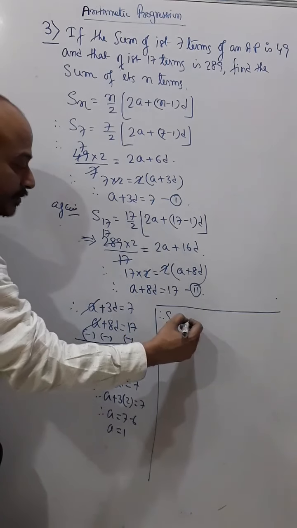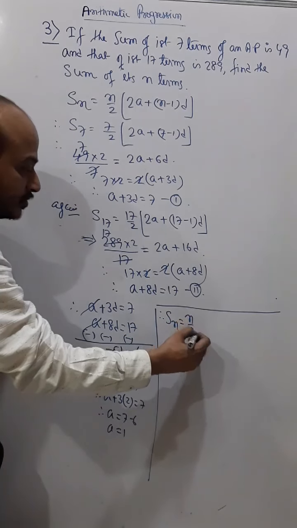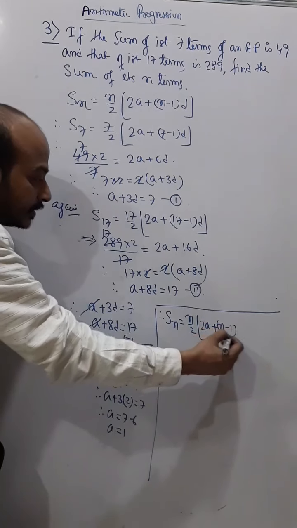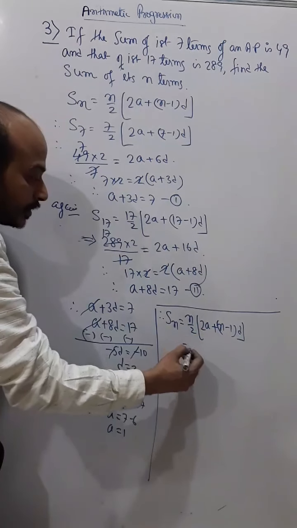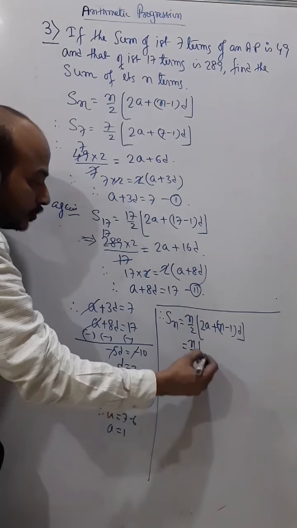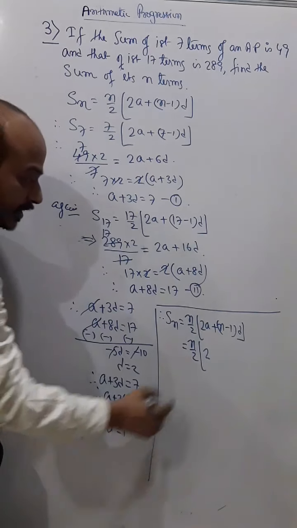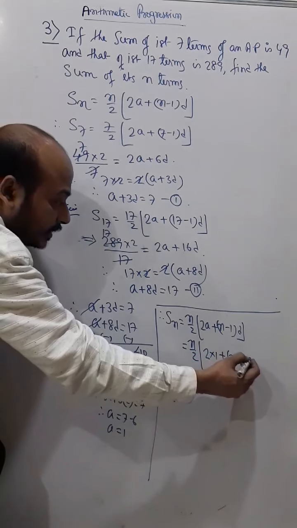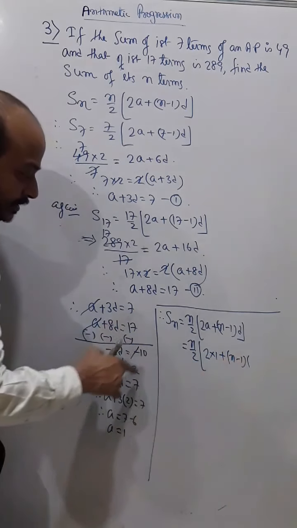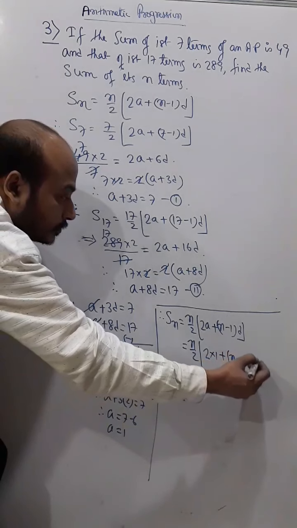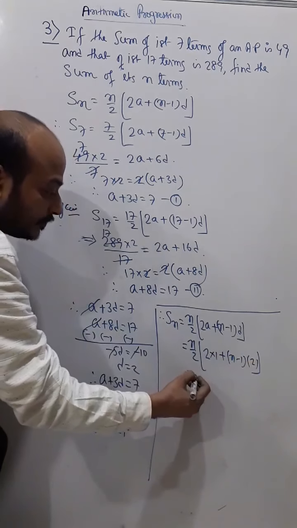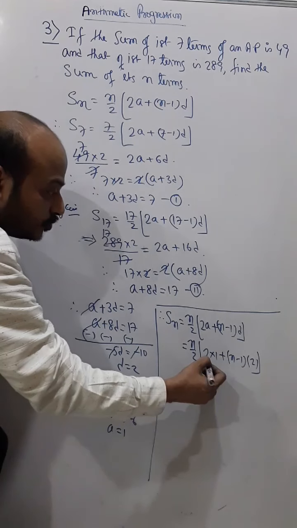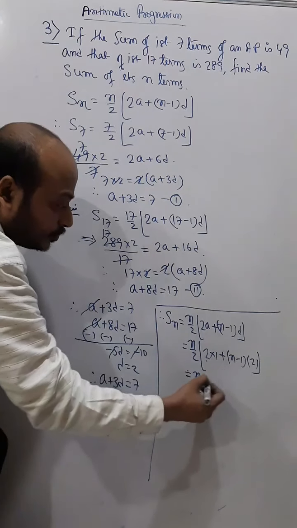Therefore Sn, the sum of nth terms, is again n by 2 into 2a plus n minus 1 into d. So n by 2, 2a, a is 1, so 2 into 1 plus n minus 1, and d is how much? d is 2. So finally I got n by 2 into 2 plus n minus 1 into 2.